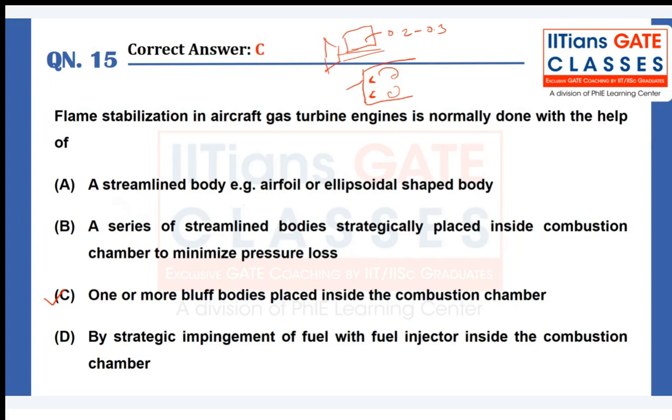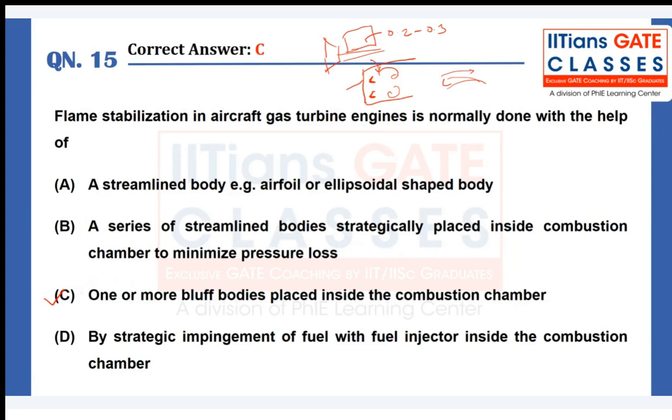In case you use streamlined bodies, it will actually help the flow to move smoothly. So streamlined bodies are not used, and strategic impingement of fuel is to provide the fuel at the correct location, but it is not aiding anything connected to slowing down the flow.